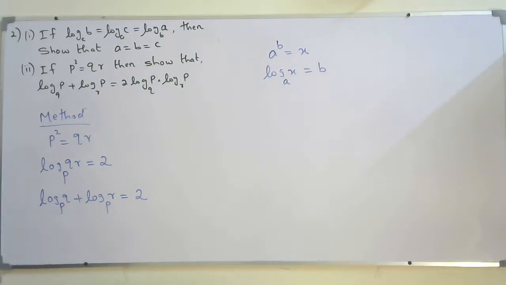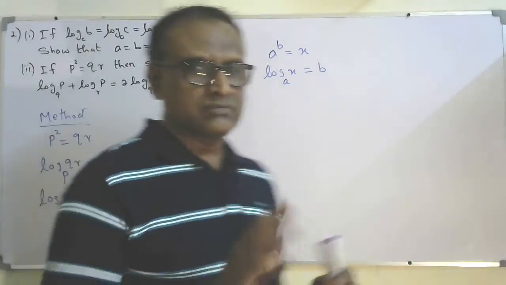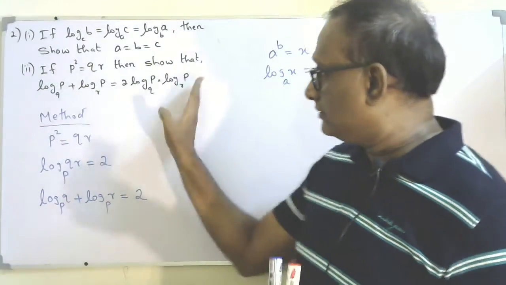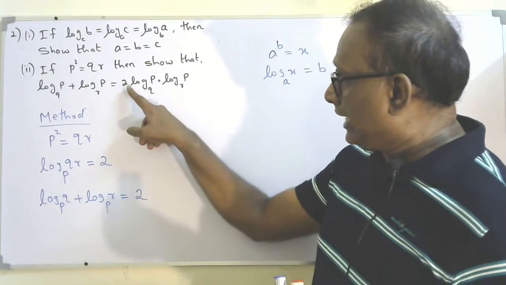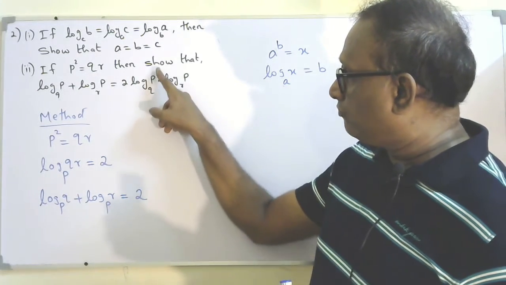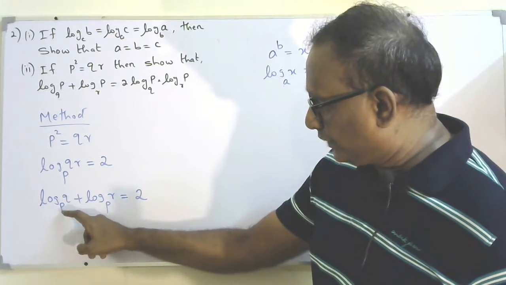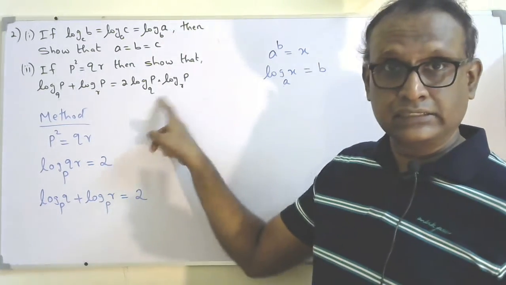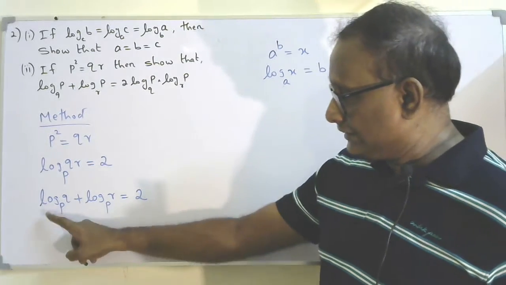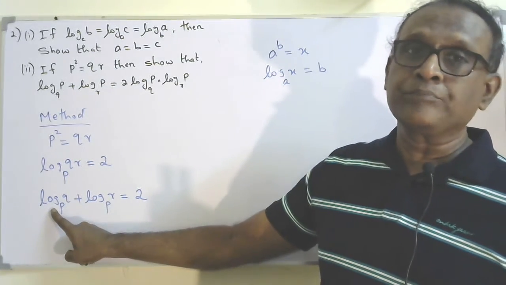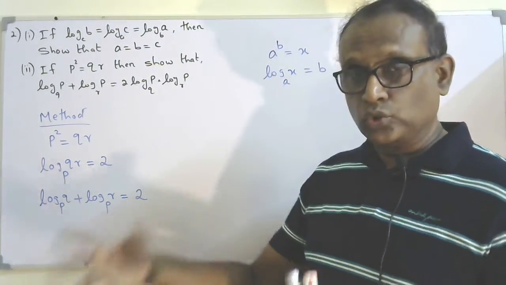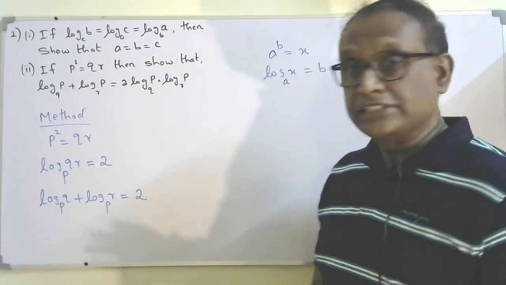Now see, check with the answer. Then and there you should check the answer. What should I get? So here you can say 2 log Q of P times log R of P. See, Q of P and R of P are coming here. How can I get this? I can write this by using the rule related to conversion of base.